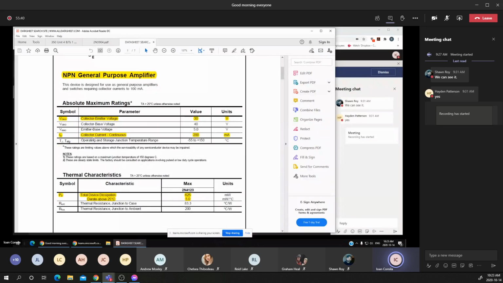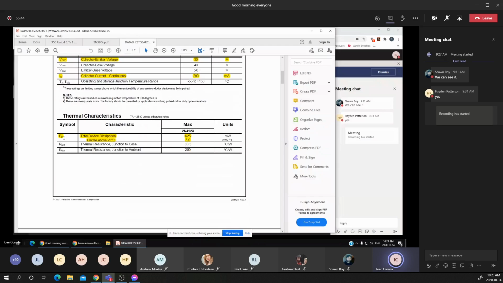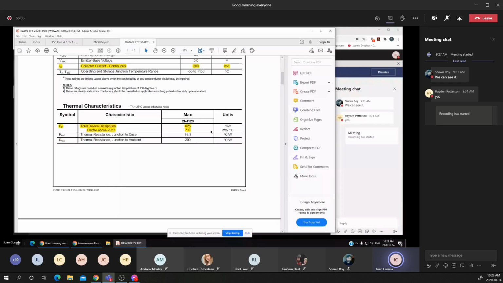Collector emitter, the IC, the maximum current 200 milliamps, and the PD, the total power dissipation. Again, it's given at an ambient temperature of 25 degrees. Remember we talked about the derated value, that's 5 milliwatts per degree Celsius, that we have to take into account.